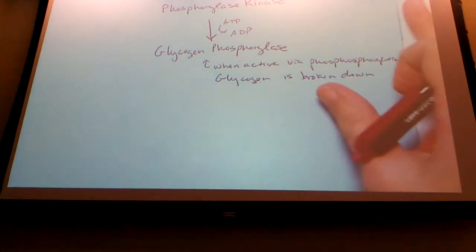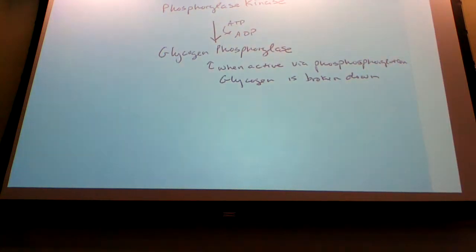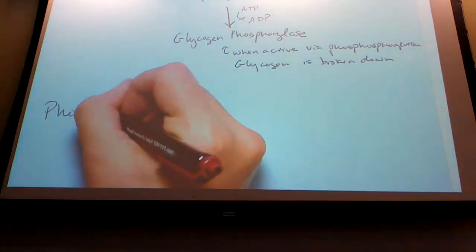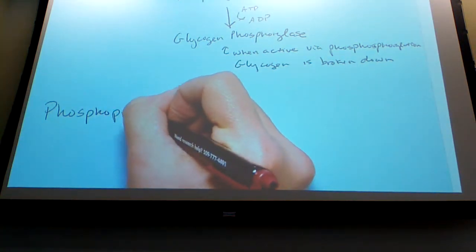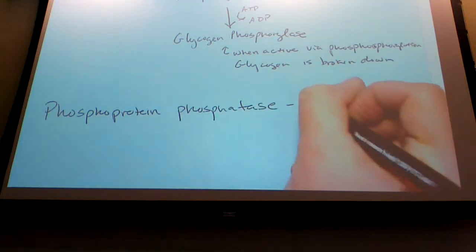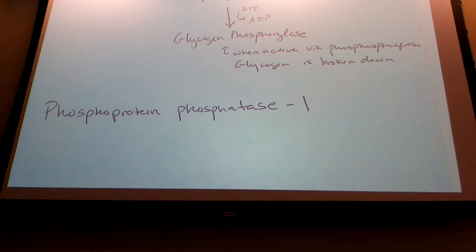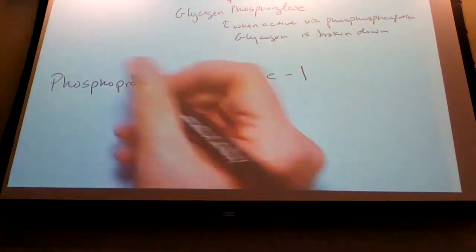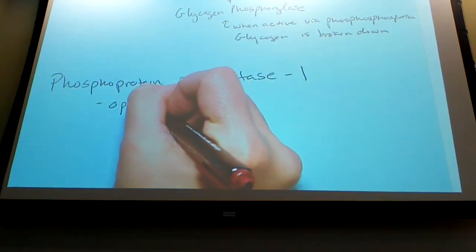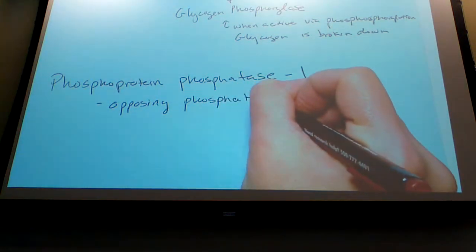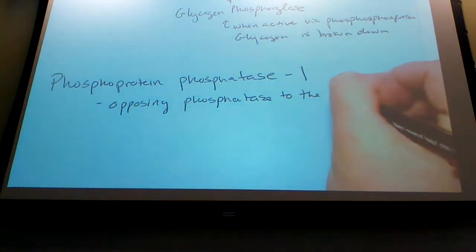Every good kinase cascade has got a phosphatase to disrupt it. So there's this phosphoprotein phosphatase 1. This is the opposing phosphatase to the kinase cascade.